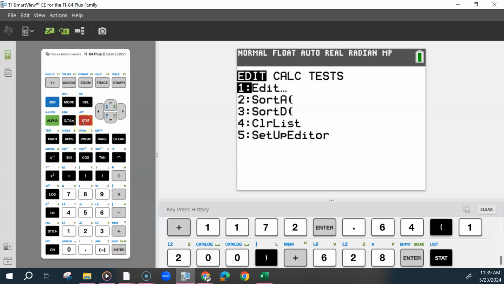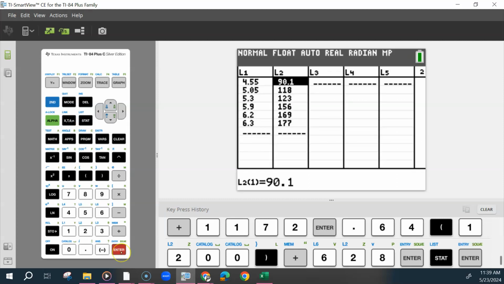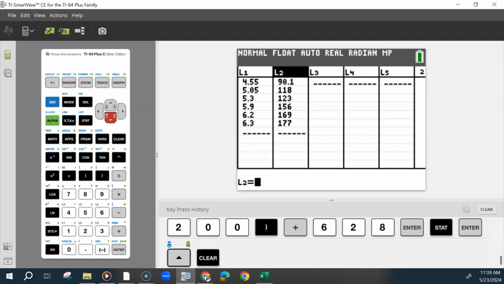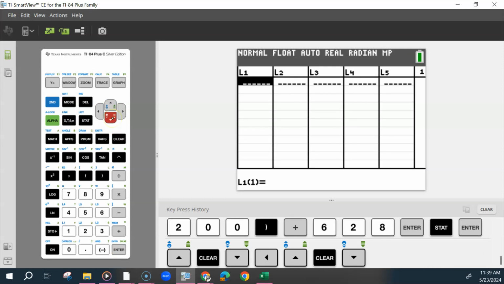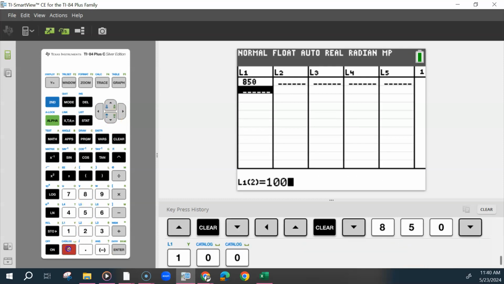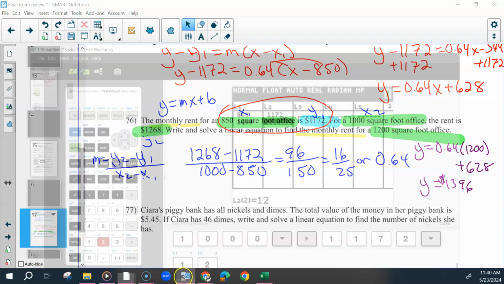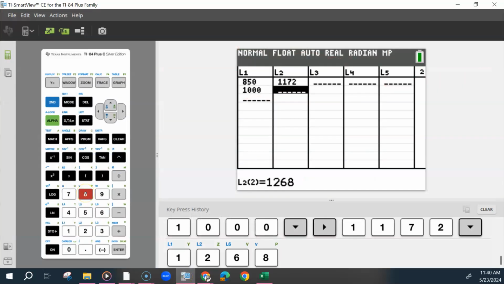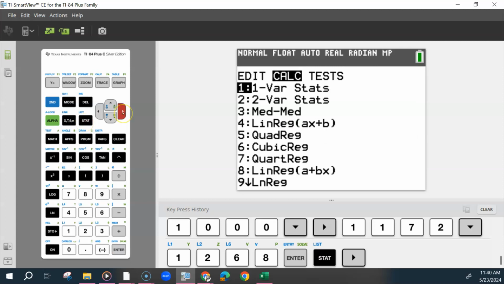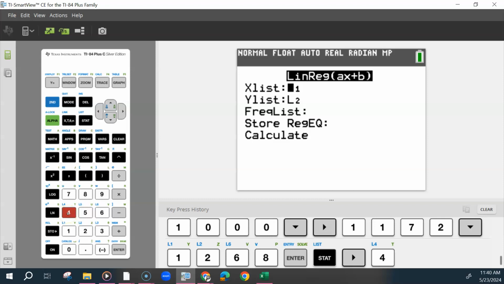Go into stat, go into edit, and get rid of these. And then put in my x values, 850 and 1000, and put in my y values, 1172 and 1268. Find my line of best fit by going back into stat, back over to calculate, number 4, store this.